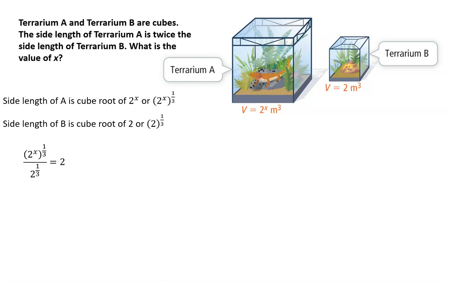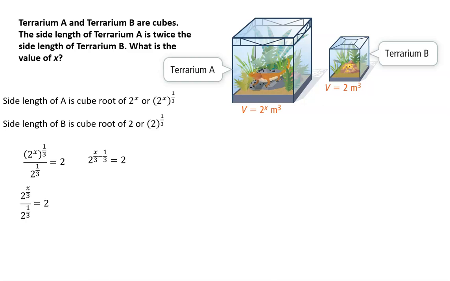Now in the expression 2 to the x to the 1/3, we take a power to a power, so we multiply the exponents. So 2 to the x over 3, over 2 to the 1/3, equals 2. When we divide numbers with the same base, we subtract the exponents. So 2 to the x over 3 minus 1 over 3 equals 2.